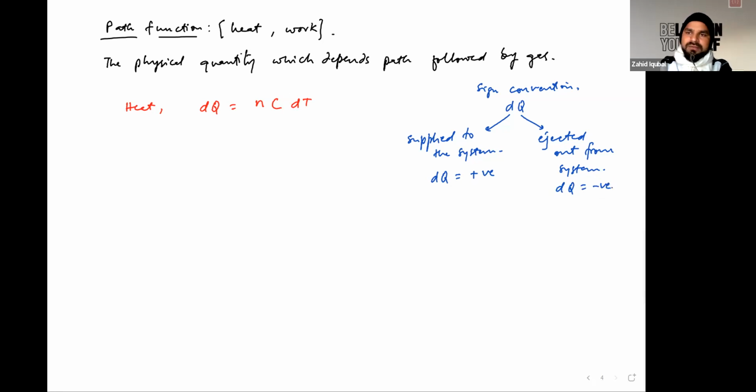Here, C is the molar specific heat constant related to that process. If you are using isobaric, that is at constant pressure, C will be Cp. If you are using isochoric, C will be Cv. If you are using isothermal or adiabatic, C will change according to the process in which we are calculating. Is it clear?